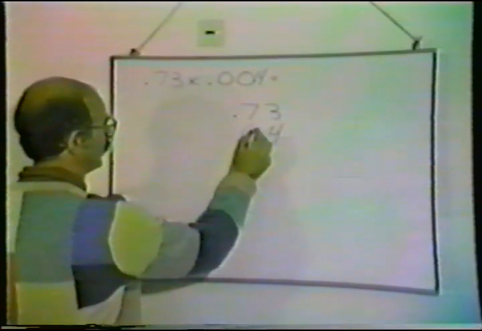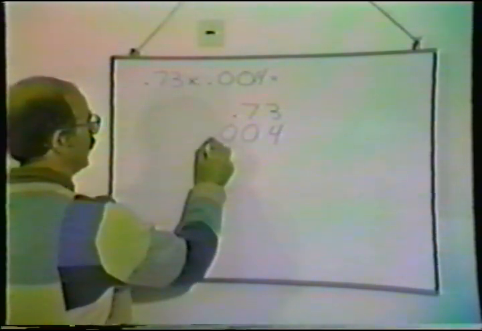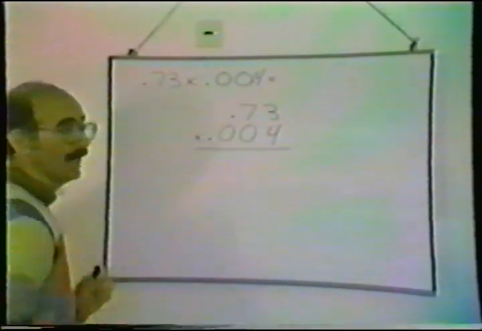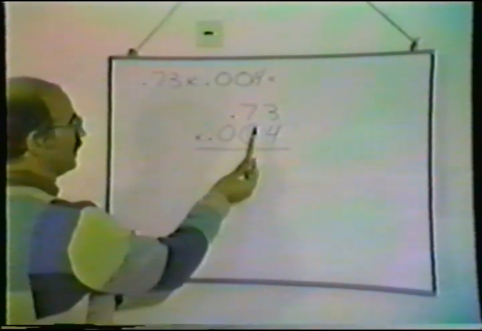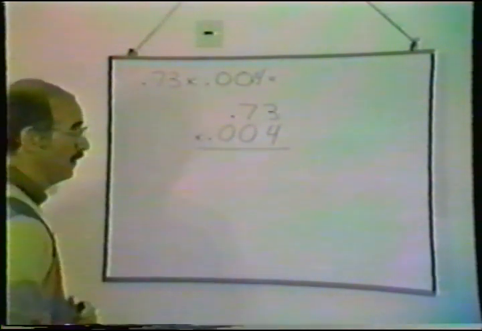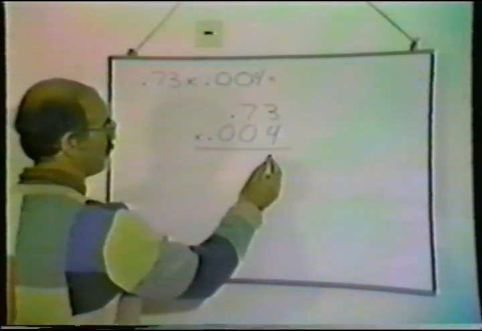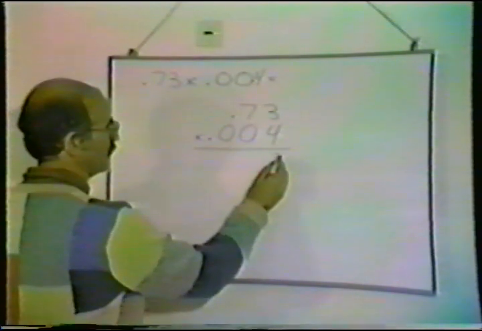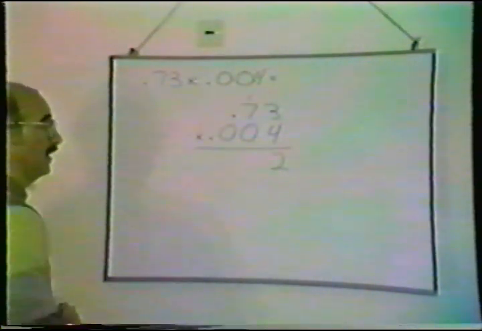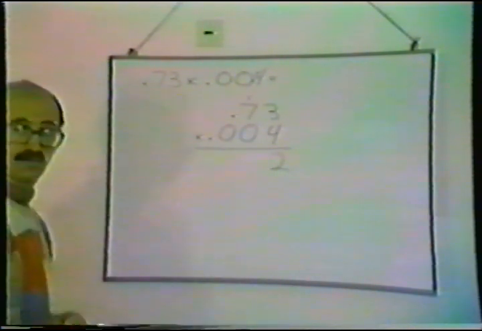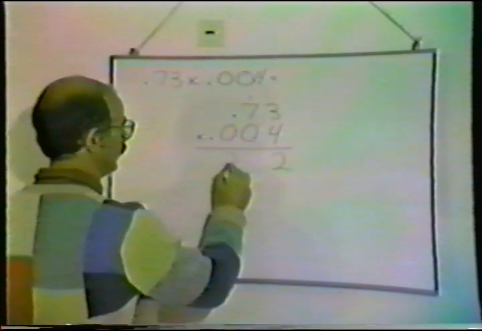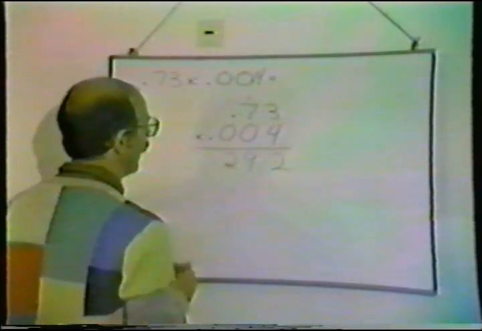We'll have to include our 0 and our decimal point, but the multiplying that we do is just the 7, the 3, and the 4. 3 times 4 is 12. Put down the 2, carry the 1. 7 times 4, 28, plus 1, 29.